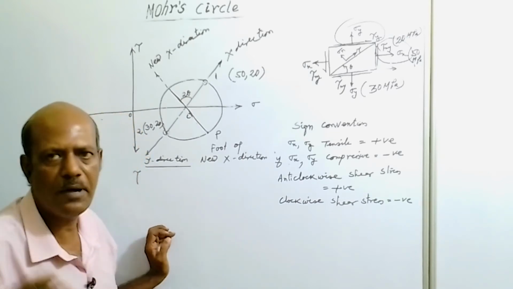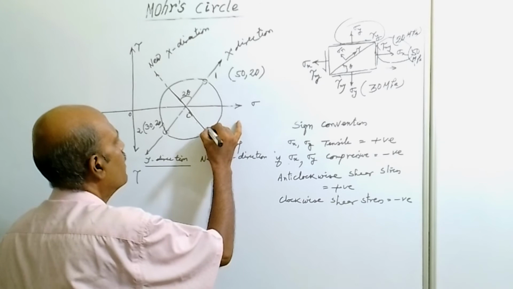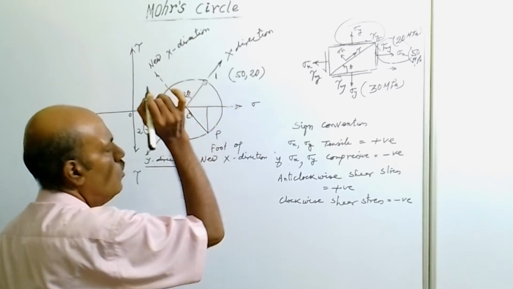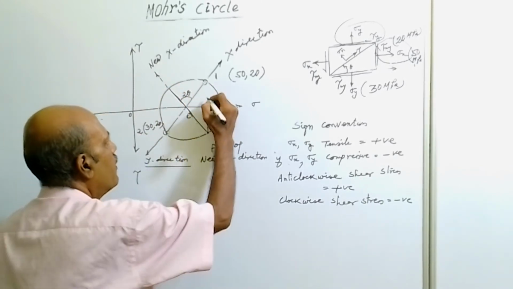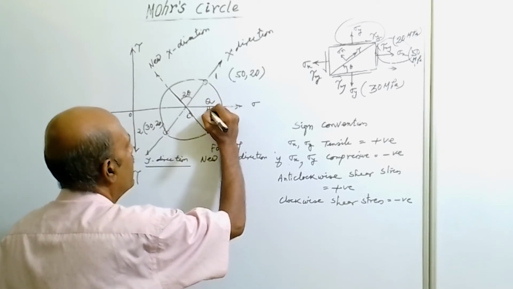We mark the foot of the new x direction as point P. From point P, drop a perpendicular to the sigma axis, and we name it Q. So this angle will be 90 degrees.